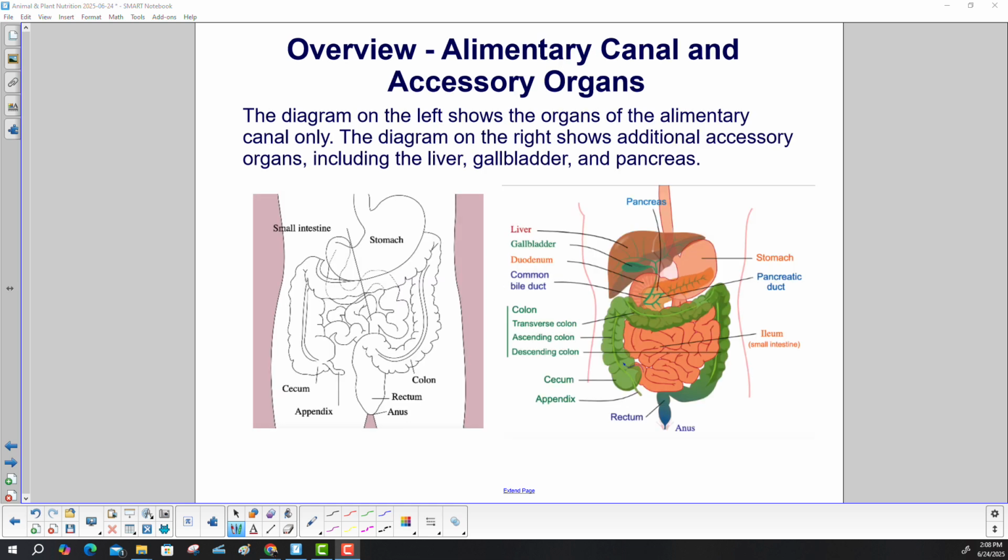The diagram on the left shows the organs of the alimentary canal only. The diagram on the right shows additional accessory organs including the liver, gallbladder, and pancreas. If you'd like, you can pause the video and go through all these different pieces of the system.